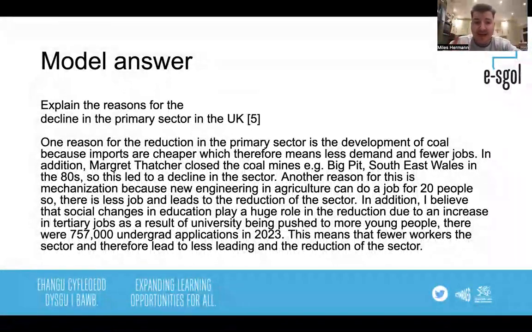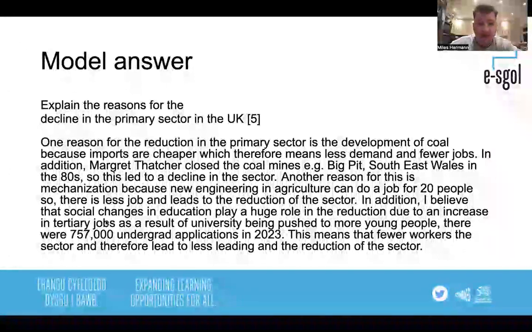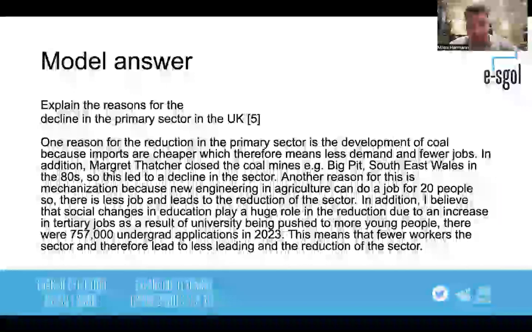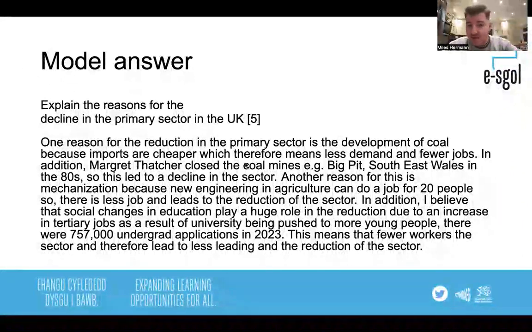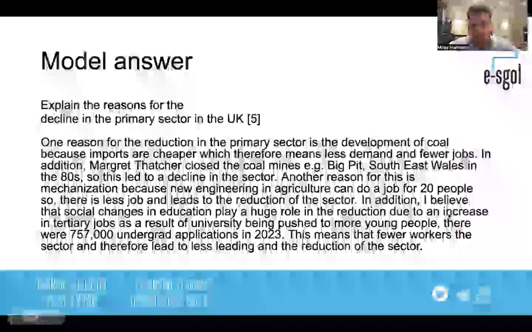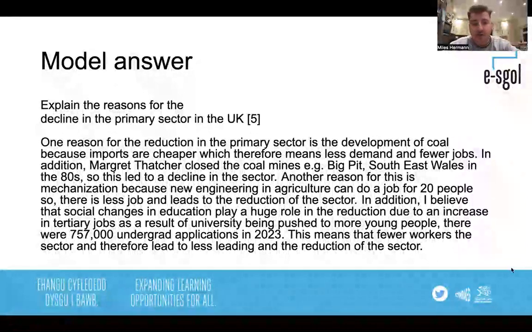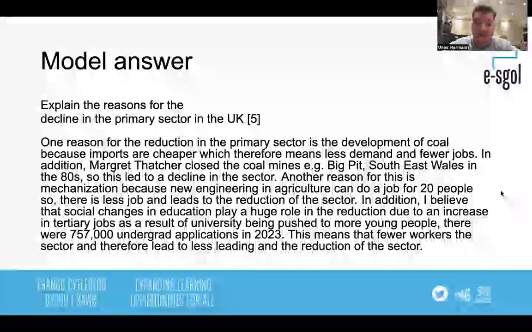They have displayed different reasons for the decline in the primary sector. We can see them quite clearly here. We can see examples such as the government schemes, such as the Thatcher government, the Conservative government, and different areas that were affected as a result. There are statistics running through this answer as well. So this answer would have to receive the top band for this.